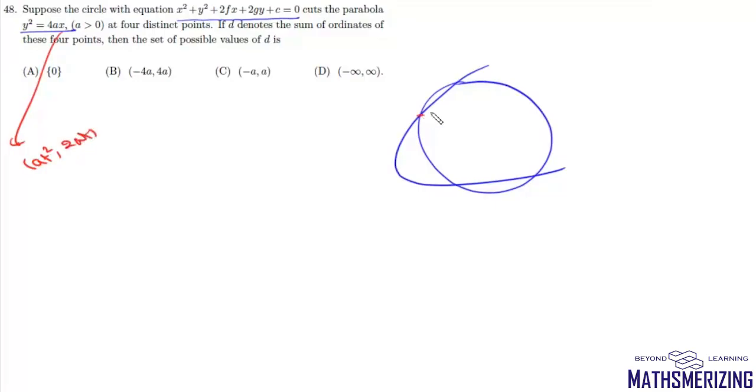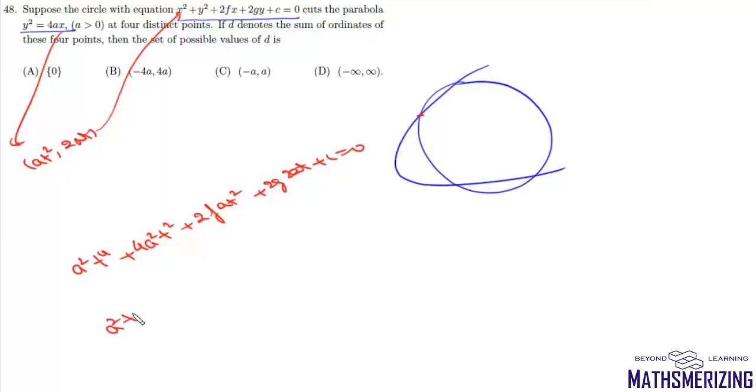Now for point of intersection, this point will also lie on this circle. So we'll put the value of x and y. We'll get a square t to the power 4 plus 4a square t square plus 2f at square plus 2g 2at plus c equals 0.